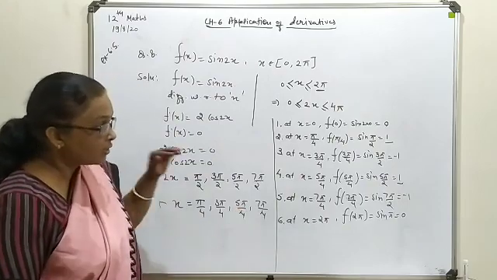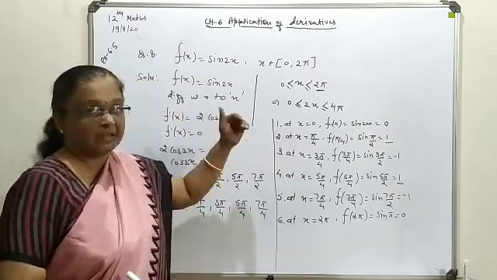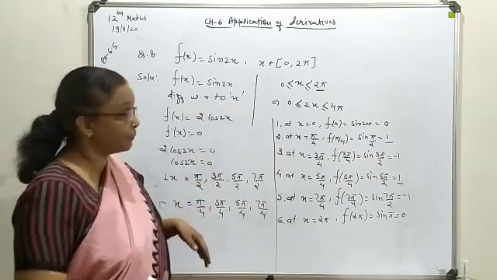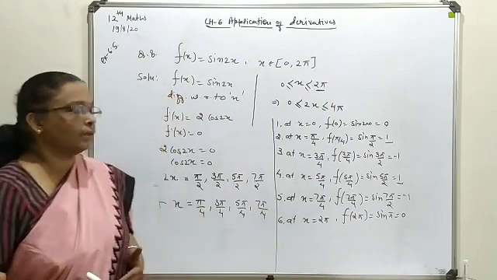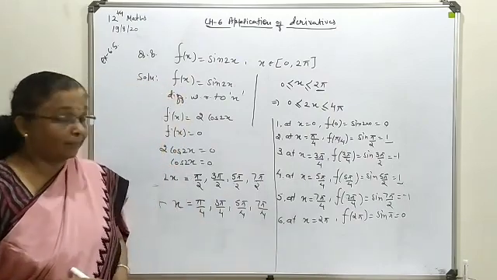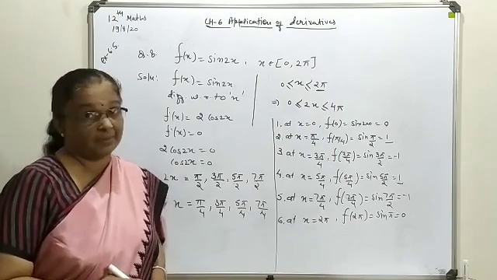So here values of x are being asked at which the function attains maximum solution. So the conclusion of this question is, at x is equal to pi by 4 and at x is equal to 5 pi by 4, your given function attains its maximum value.